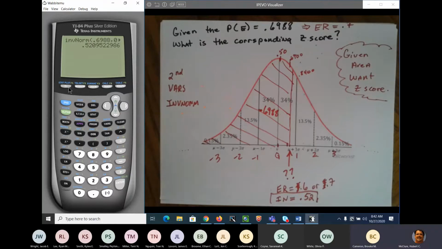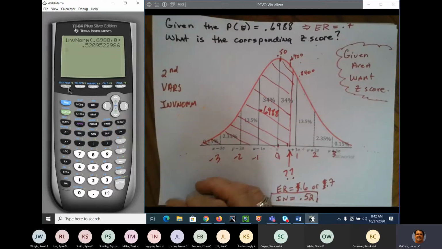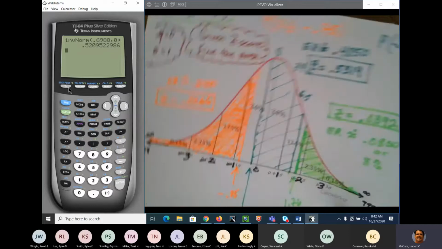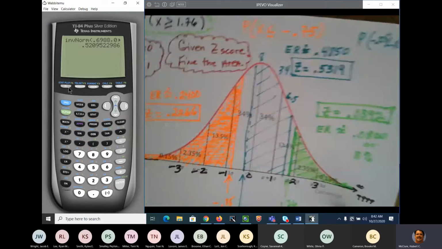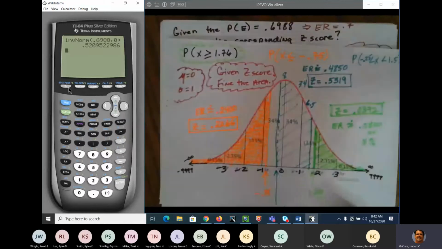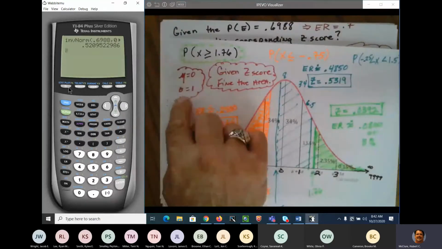All right, so let's go to the next type of question. This is 7.1, 7.2, the first types of problems where the mean is equal to 0 and the standard deviation is equal to 1.